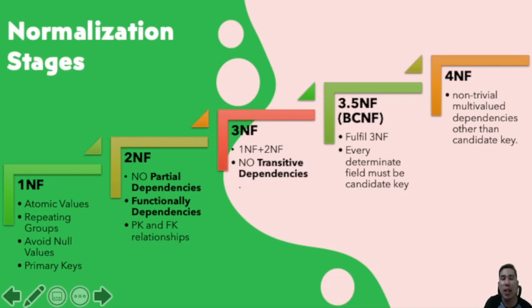This is in between 3 and 4 NF. That is, if you are able to fulfill 3NF, and then every determinant, or determinant field, must be a candidate key.